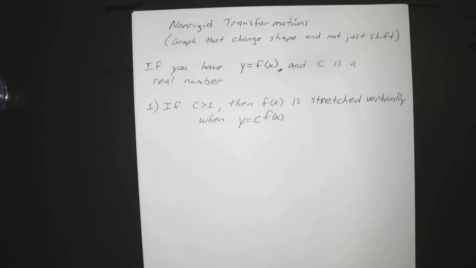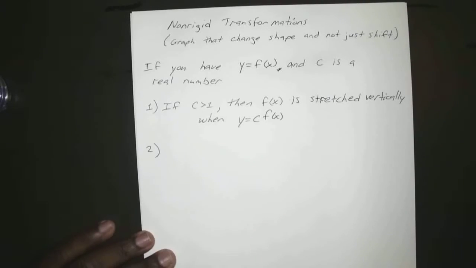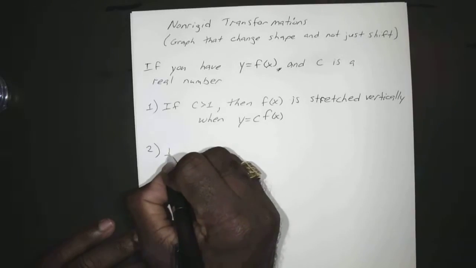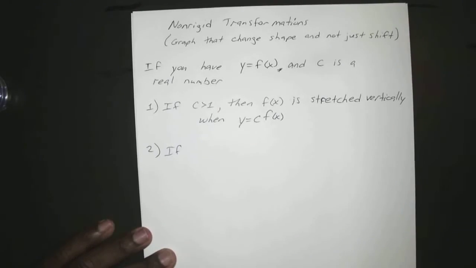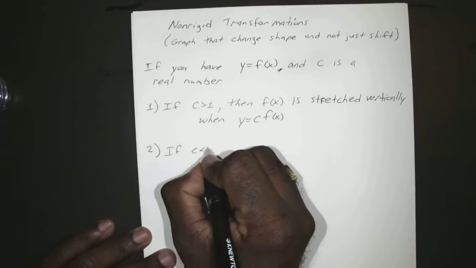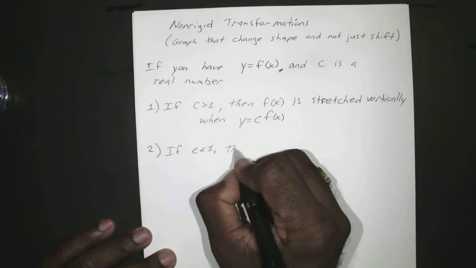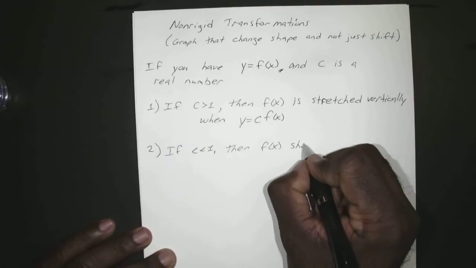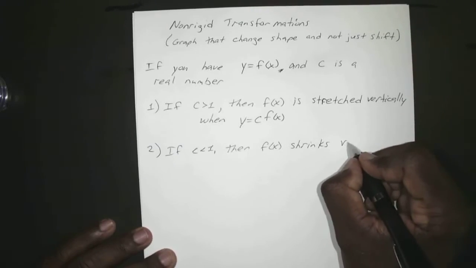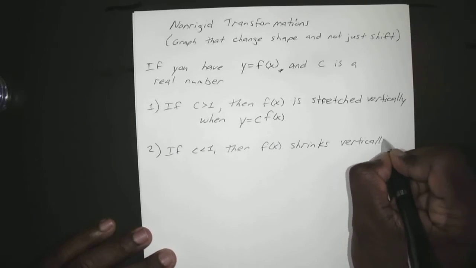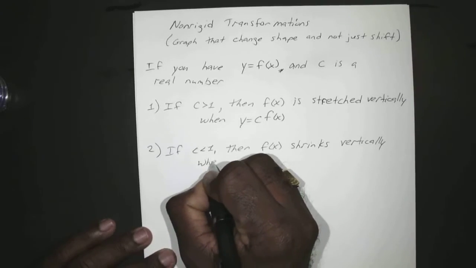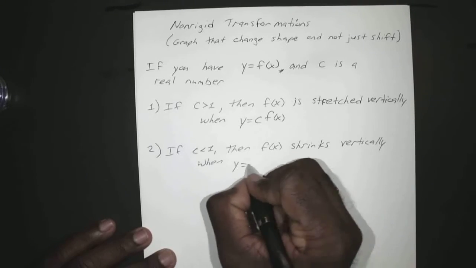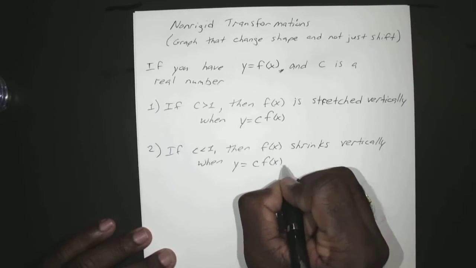And I'll give you examples of what I mean by stretched vertically and shrinking vertically. Now, if c is less than 1, so if you have a fraction or a decimal number less than 1, then f of x shrinks vertically when y equals c times f of x.